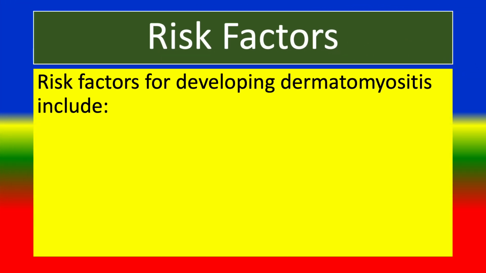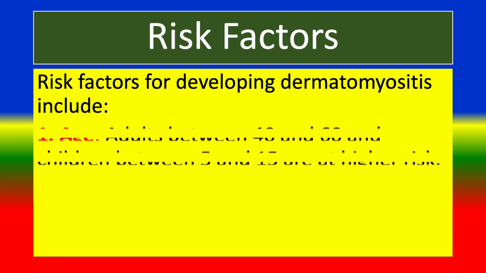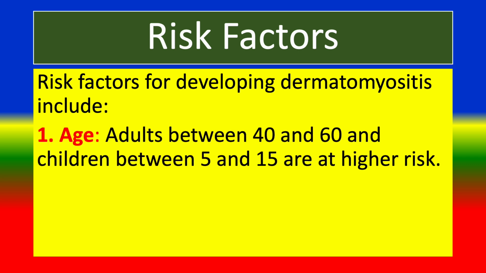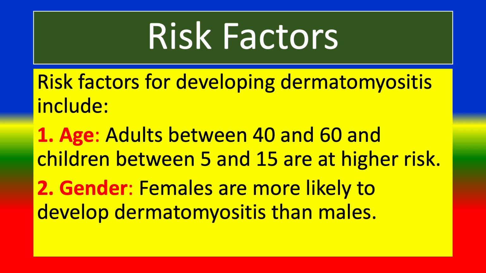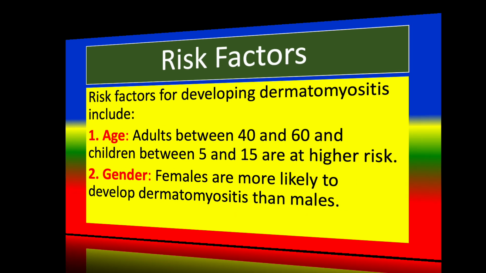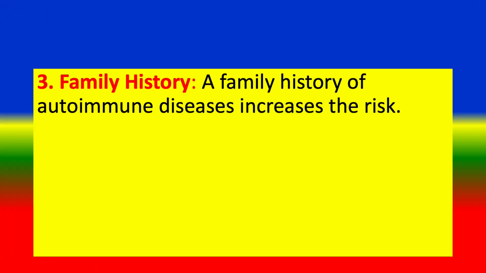Risk factors. Risk factors for developing dermatomyositis include: 1. Age. Adults between 40 to 60 and children 5 to 15 are at high risk. 2. Gender. Females are more likely to develop dermatomyositis than males. 3.